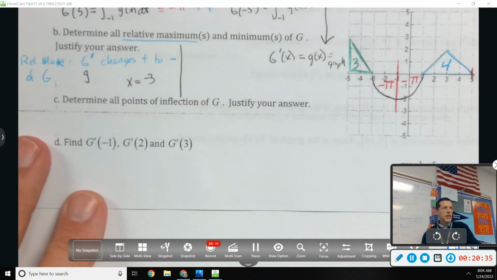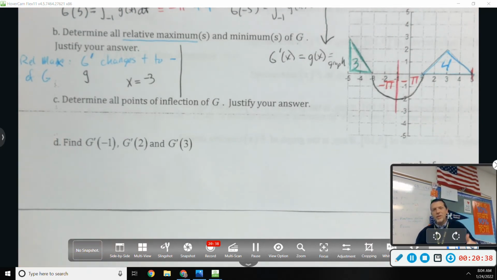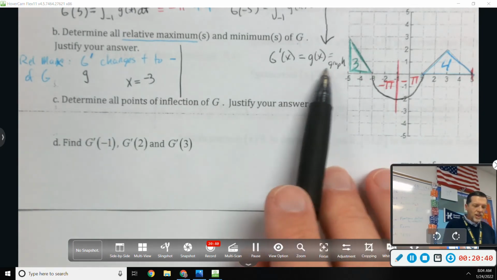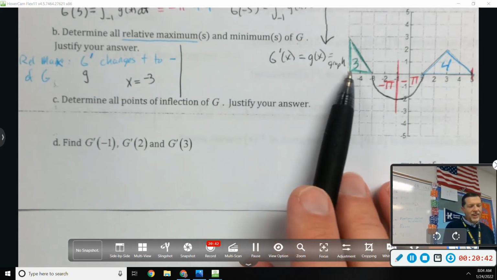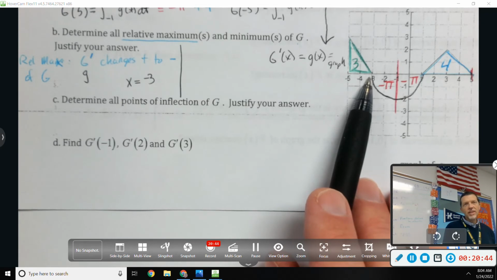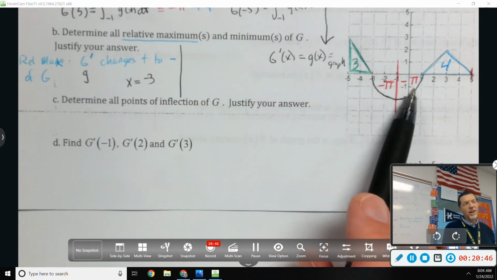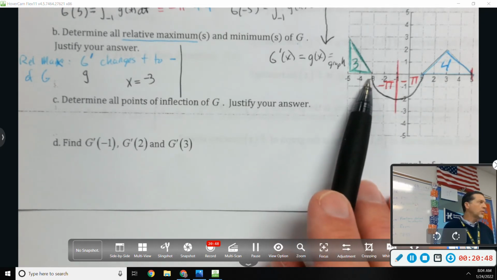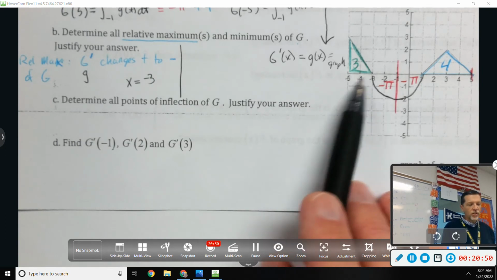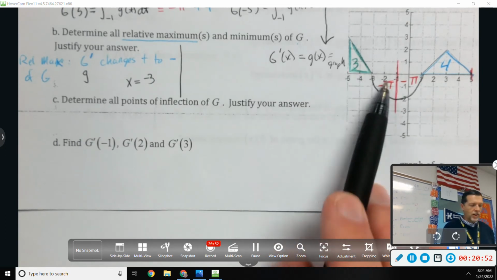Again, if you really want to think conceptually about what's happening, that means as you move left to right, you're adding area until you get to -3. And then you start subtracting area. So that means -3 is a max, because that's where you change from adding area to subtracting area.